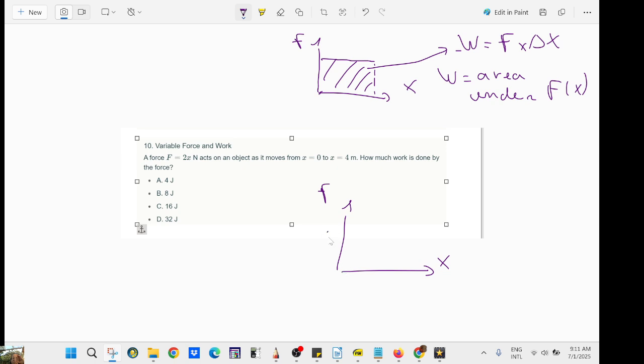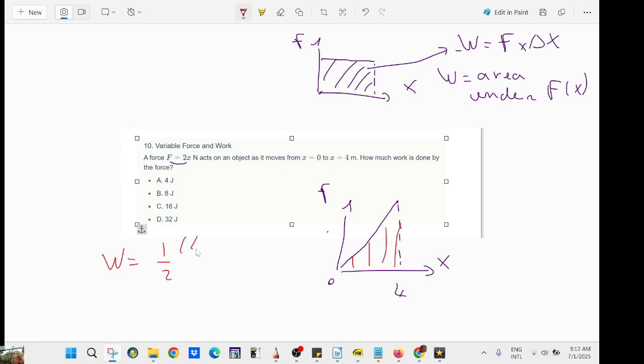So the force equals 2x. So it means the force is something like this. It's a linear equation. You go from 0 to 4, and they want you to find the work done. So the work done will be this area here. So it's the 1/2, it's the triangle.